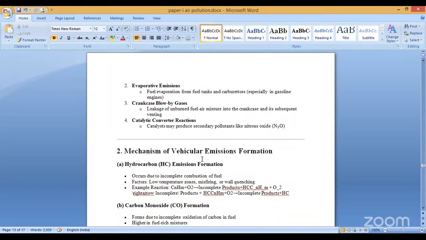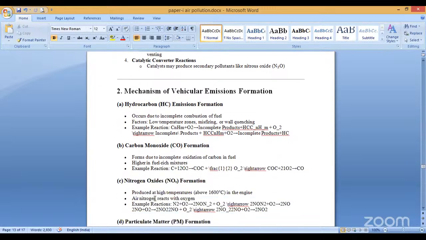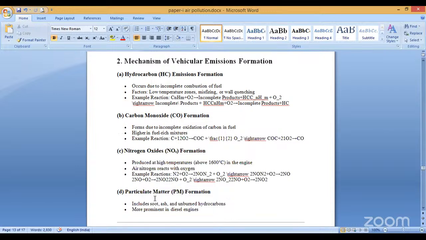Example reactions: CnHn plus O2 gives rise to incomplete products, that is HC, and Hn plus O2 gives rise to incomplete products plus HC. The next one is the carbon monoxide formation.